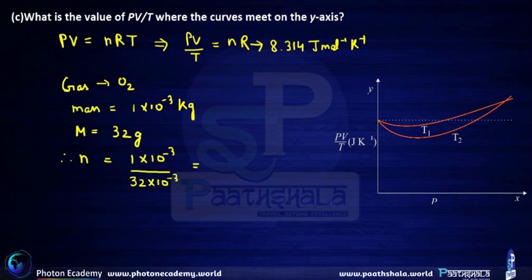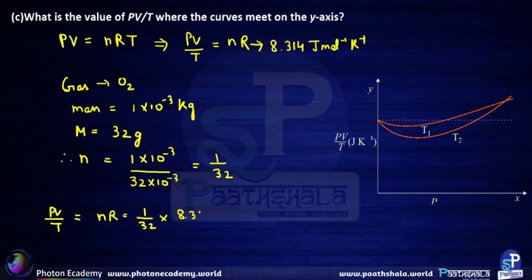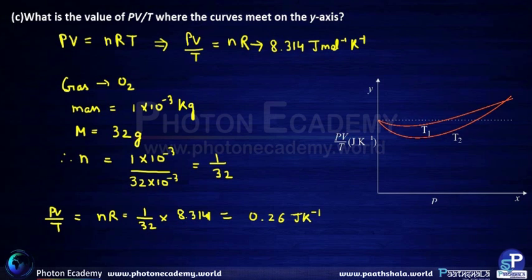So it will simplify to 1 by 32. So PV by T will be equal to nR, where n is 1 by 32 and R is 8.314, and this comes out to be 0.26 joule per Kelvin. This is the value of PV by T where the curve meets the y-axis.